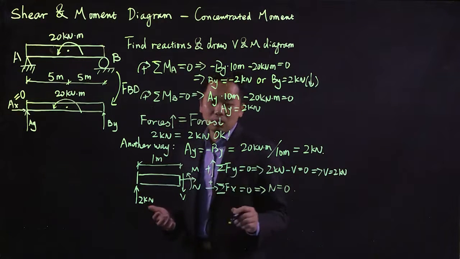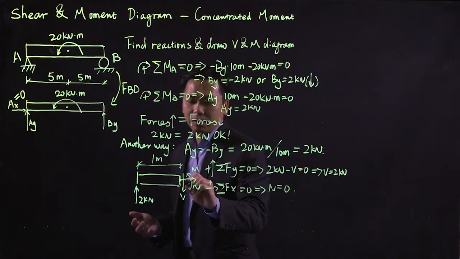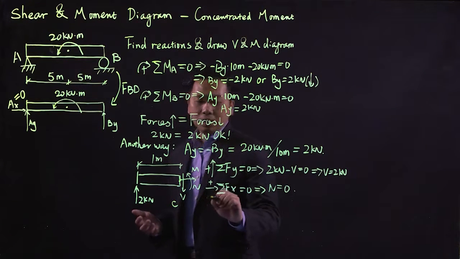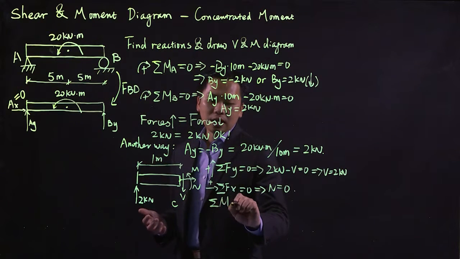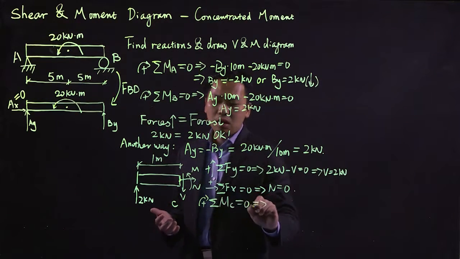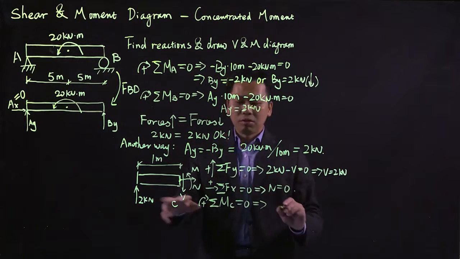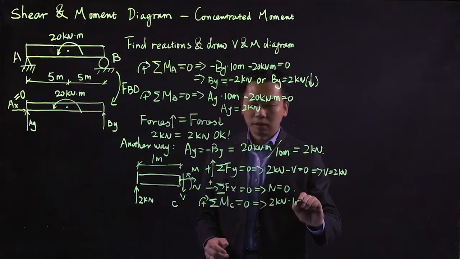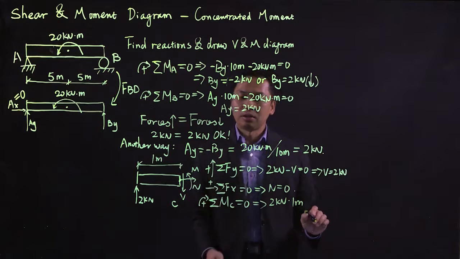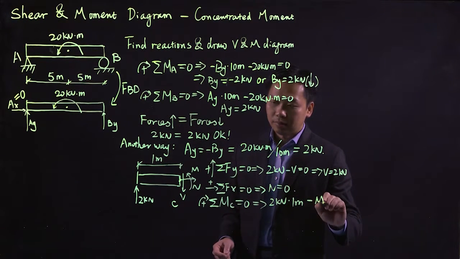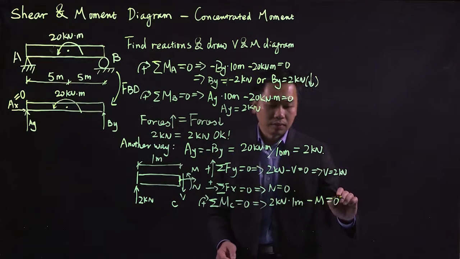To find the moment, we can sum the moments at this point. Let's say this is our C point. If we sum the moments at point C, using clockwise as positive, equal to 0, we're going to have 2 kilonewtons times the moment arm, 1 meter, clockwise direction, therefore that's positive, minus our M is equal to 0.